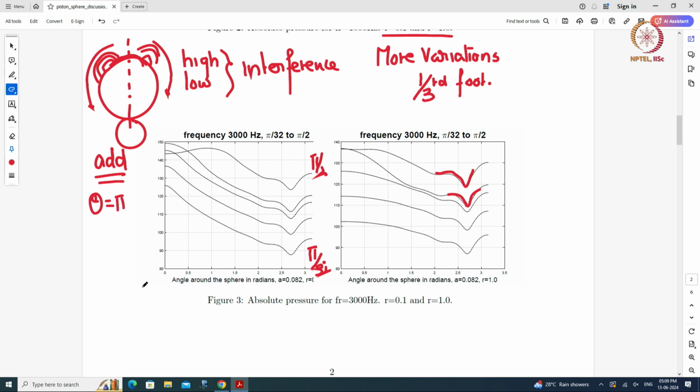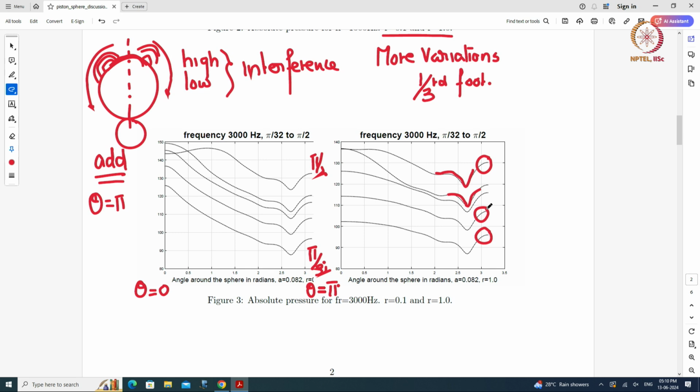Theta equal to 0 is at this end, theta equal to pi is at this end. So you can see at theta equal to pi there is an amplification. For all sizes of the radiators, suddenly there is a bump up.